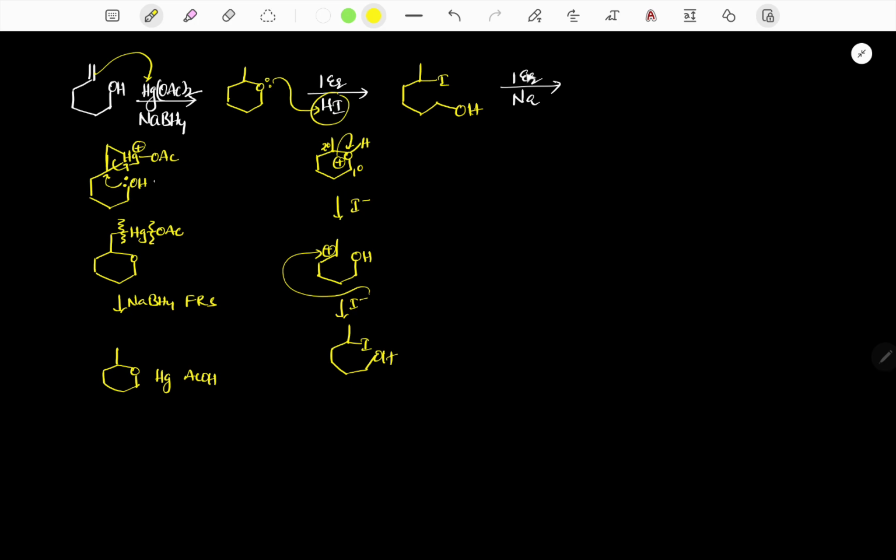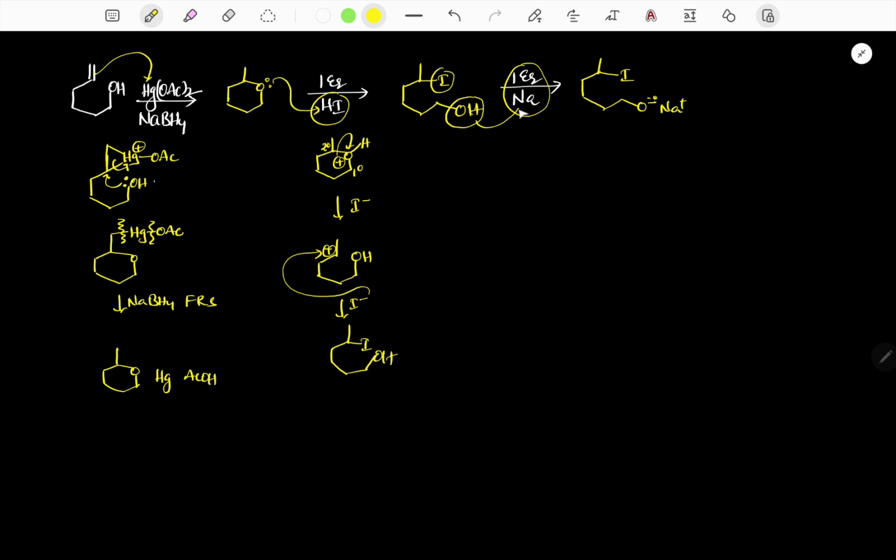Now it is treated with only one equivalent of sodium. Whenever we are using the metal, here an acidic proton is present and here the Wurtz reaction is possible, but the acidic proton is the first preference. Therefore the alcohol treated with sodium gives the corresponding alkoxide.